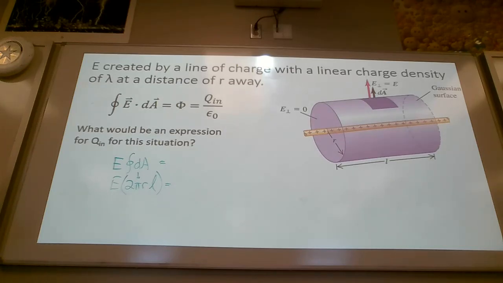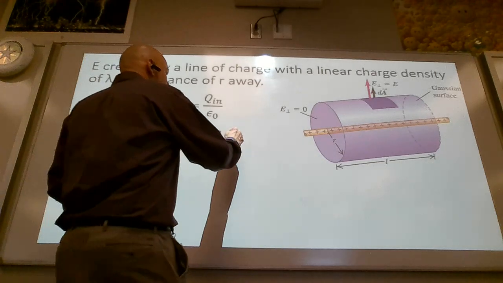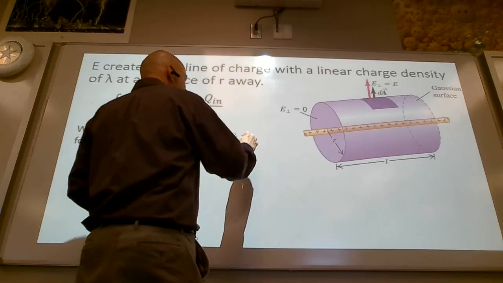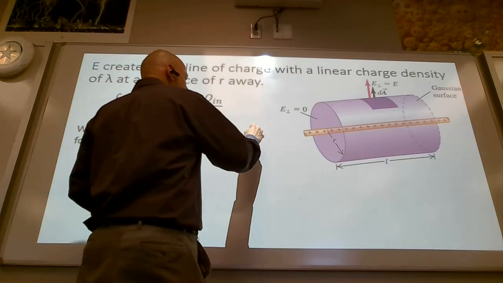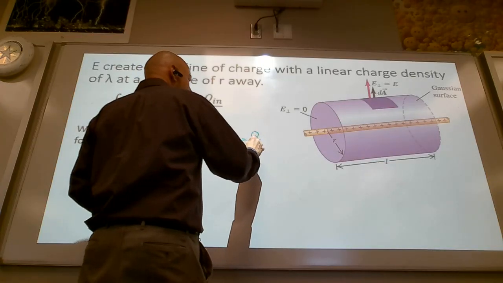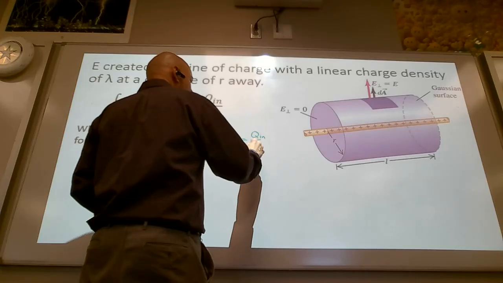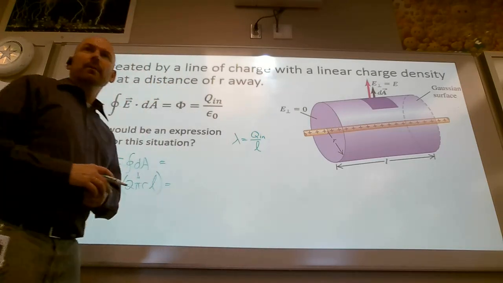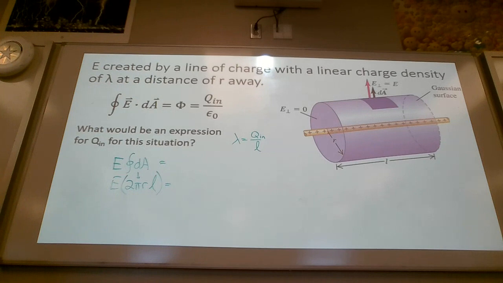Now we need to figure out an expression for the charge enclosed. So, bless you, we incorporate our ratio of charge per unit length. Because we can't figure out, the line is infinitely long, and if it's infinitely long, it's going to have an infinite amount of charge, like what?